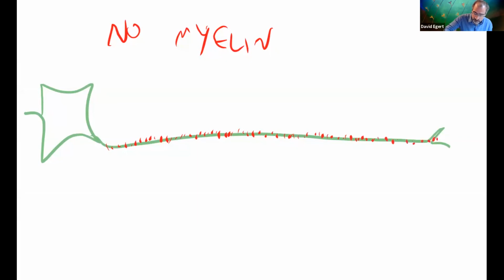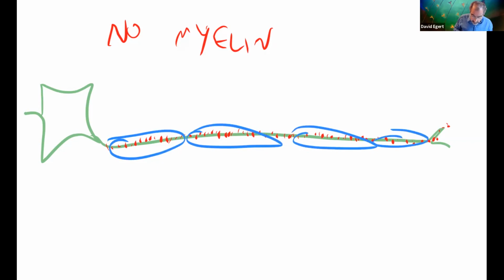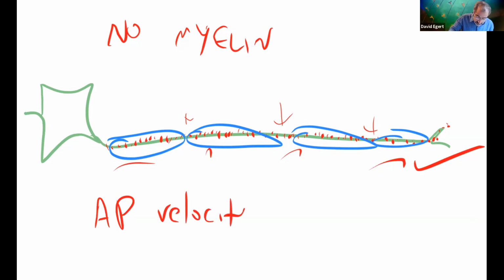Finally it gets to the other end. If I have myelin, the signal stays high. We only have to rejuvenate it at these little nodes. So it goes like boom, boom, boom, boom, done. The action potential velocity is more like 100 meters per second now.